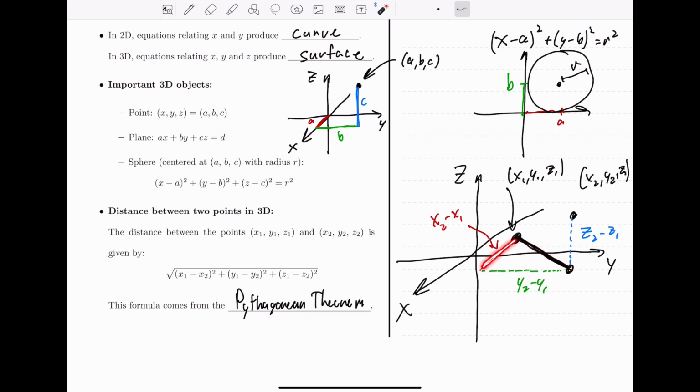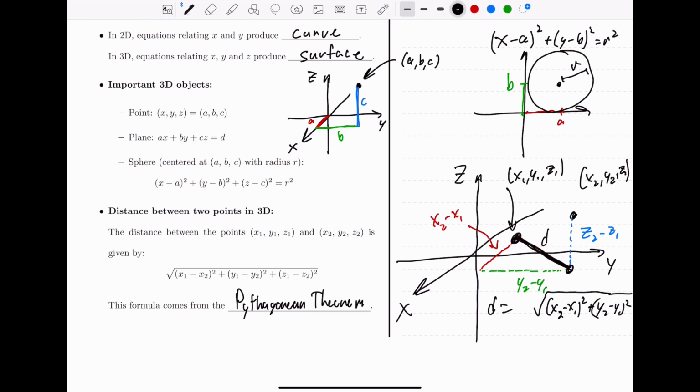We take one leg squared plus the other leg squared, take the square root. That will give us this distance d. Let's just call that lowercase d for now. So small d is the square root of x2 minus x1 squared plus y2 minus y1 squared. That's this distance. It lies in the xy plane, so it's perfectly flat here.